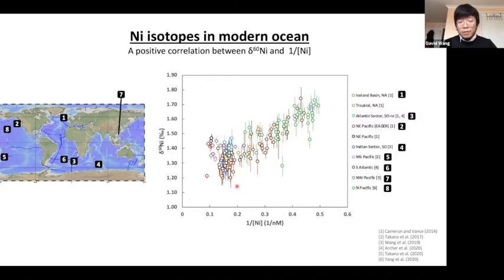So some people suggest that this mechanism caused by biological uptake might be regional, or it might be a species-dependent mechanism. But as for now, there's no direct evidence that can prove this fractionation is really caused by the phytoplankton. So this is one of the questions we want to answer in the future.